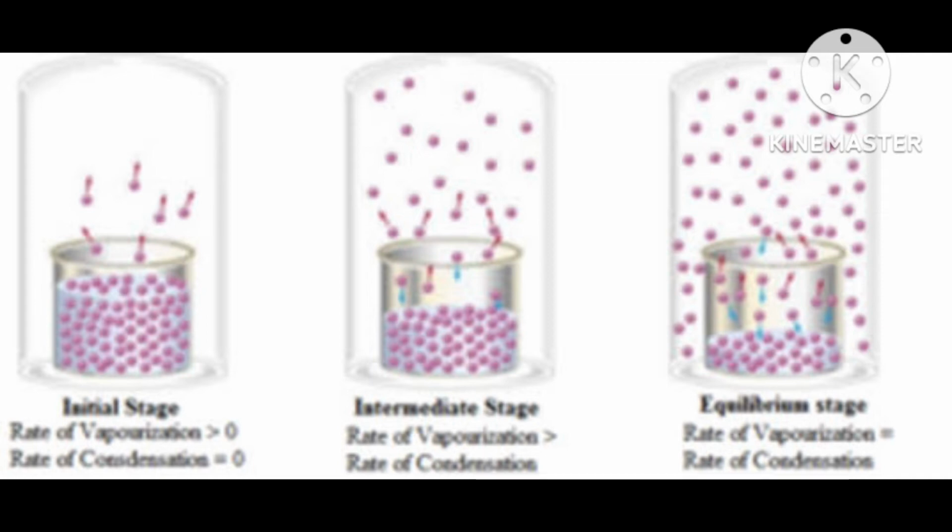That situation is called saturated. If you add sugar slowly, it will dissolve, it will dissolve. But a time will come when it will not dissolve. The sugar will settle down. That is called a saturated solution.